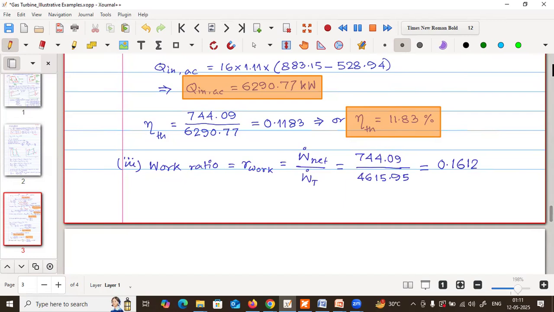That means what? Out of the total turbine work output, this is the net realized or realizable work output. This is the total turbine work output, and this is the realizable work output. Okay.